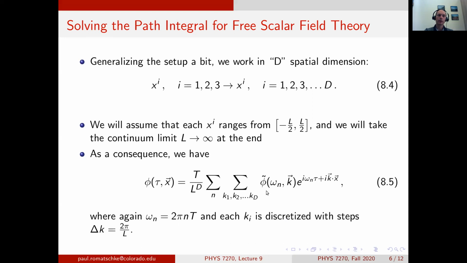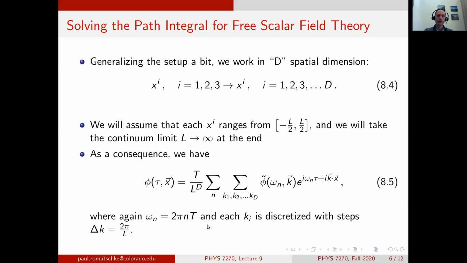And then we have sums for each spatial direction. So k_1 is the Fourier transform of x, k_2 is the Fourier transform of y, and so on and so forth. And all of these just have a usual Fourier transform, a usual exponential that involves the wave vector k in the direction that we Fourier transform.